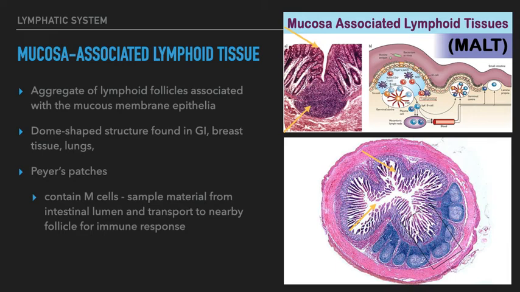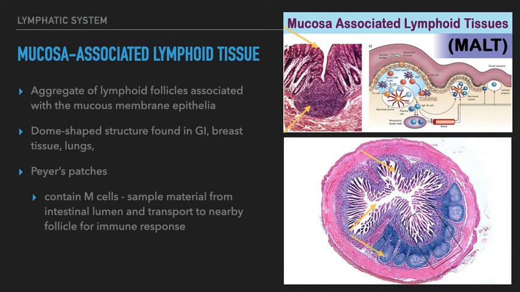That's what they appear like, these projections, but what they do is they increase the surface area, which increases the interaction of the intestine with the materials passing through, which of course, the main focus of the intestine is to ingest or absorb molecules. So the more surface area you have, the more absorption you're going to have. And we'll talk a little bit more about that when we get to the digestive section.